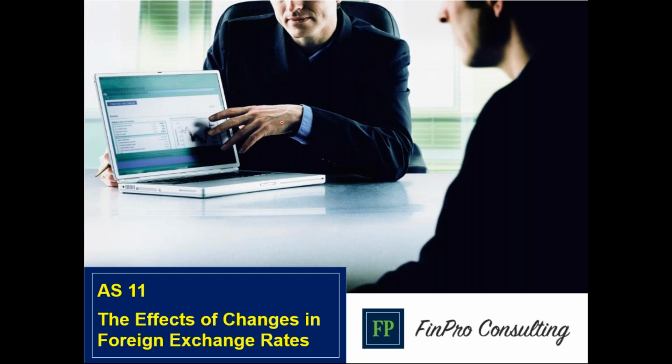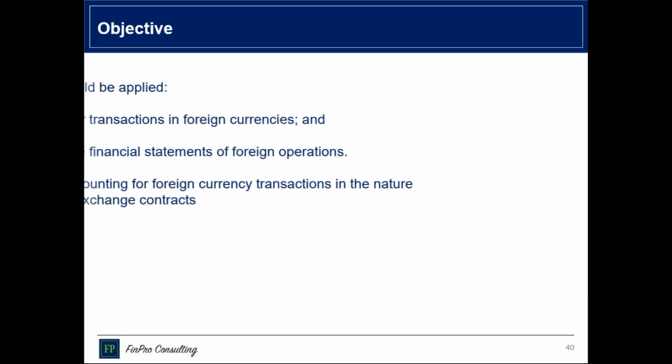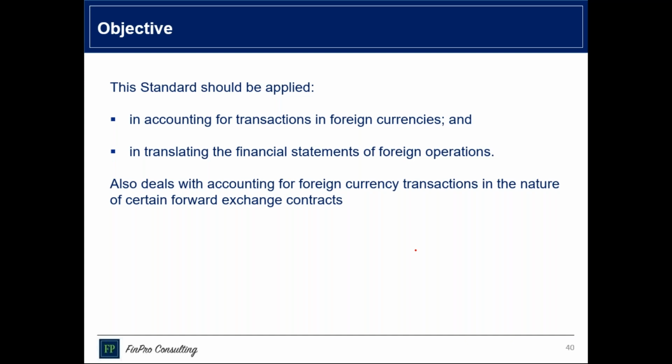So we are going to discuss the key concepts of AS 11 as well as a few examples and case studies of how this standard is actually applied in practice. So basically the objective of this standard is to deal with two major parts of accounting. The first part is with respect to accounting for transactions which are executed in foreign currencies.